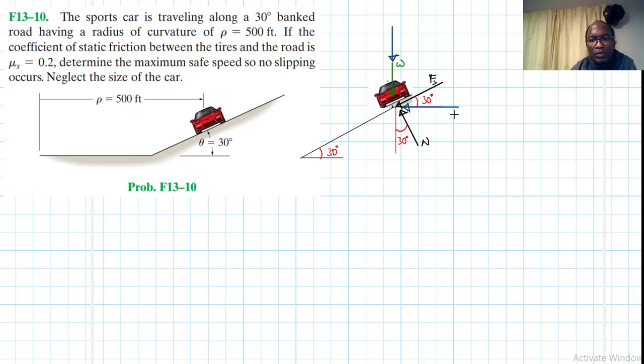Okay, so we are going to call this Fs cos 30, and then this one is Fs sin 30. The normal force, we are going to have some components also. Normal force, we have one component in this direction and another component in this direction.